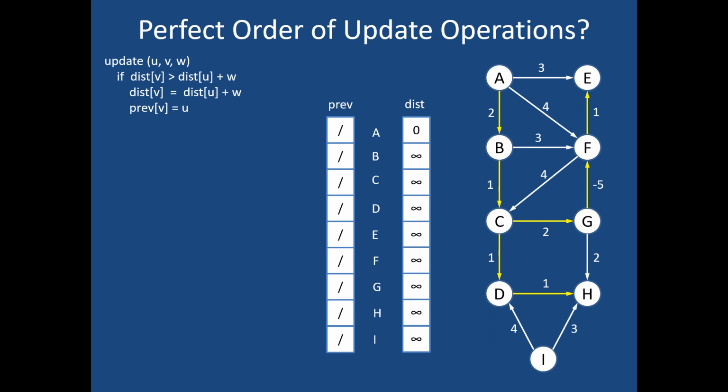If someone just told you, by the way, over here are the yellow edges that make up the shortest path tree, what would be the optimal perfect order in which to update the edges so that you don't waste any time? You don't do any updates that have no effect. You don't have any updates that later get updated again. You know that every update gives you the shortest path to some vertex.